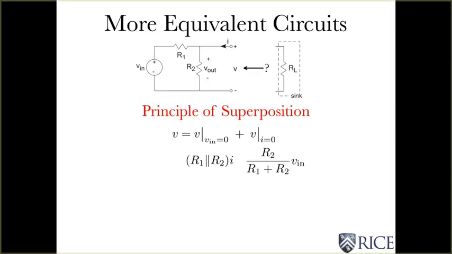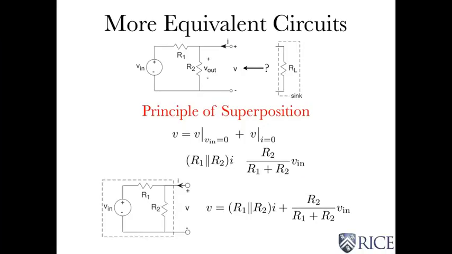Our source is alive and well. And then setting I equal to 0 means there's nothing attached to the terminals. And what we have is the same circuit that we had before that we already analyzed. You simply use voltage divider to figure out what V out is, and this is what we got last time.